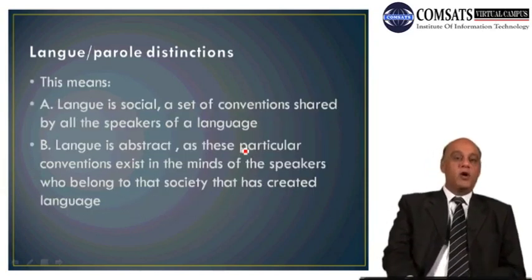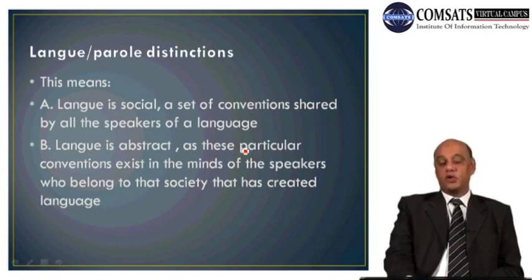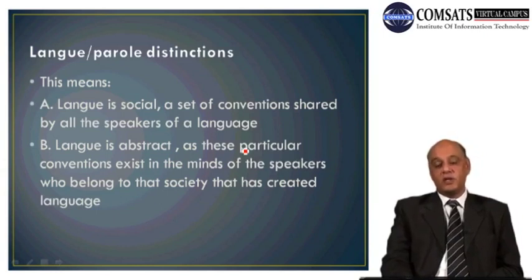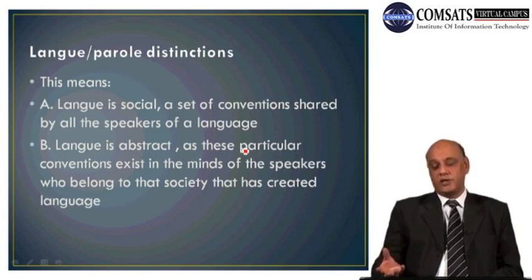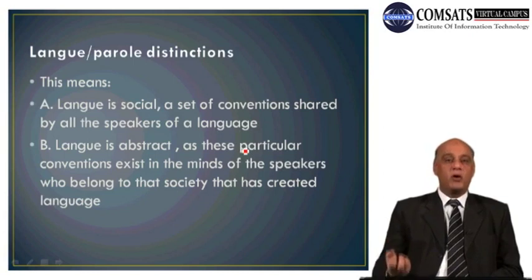So proceeding on, we see langue is social, a set of conventions shared by all speakers of the language. So this is what we referred to earlier, that basically it's a set of conventions, a set of beliefs, a set of agreed upon rules which is shared by all the speakers of the language.